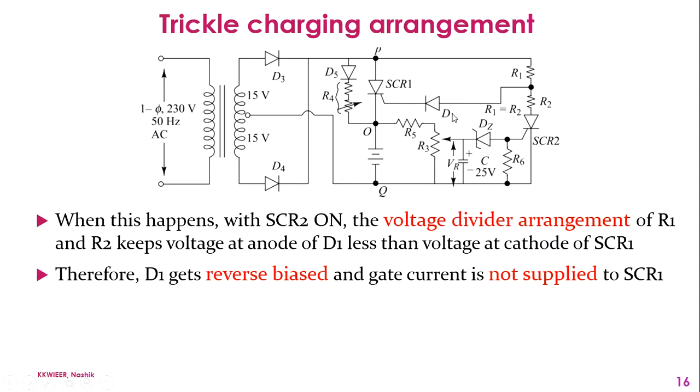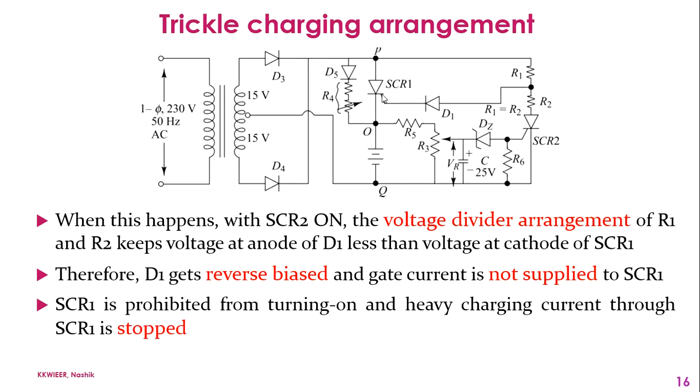Therefore, as this voltage is less, D1 will get reverse biased, and due to that the gate current will not be supplied to SCR1. So SCR1 is prohibited from turning on and the heavy charging current through SCR1 will get stopped.